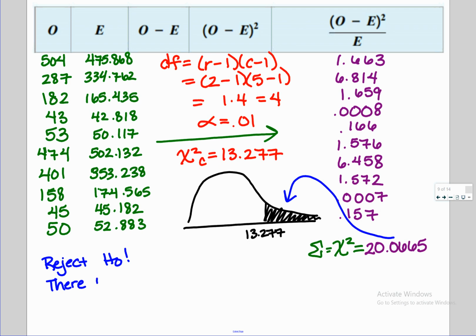So there is enough evidence to, are we going to reject or support? Yeah. What was our claim? Yep. Support. So why would you say reject the null?